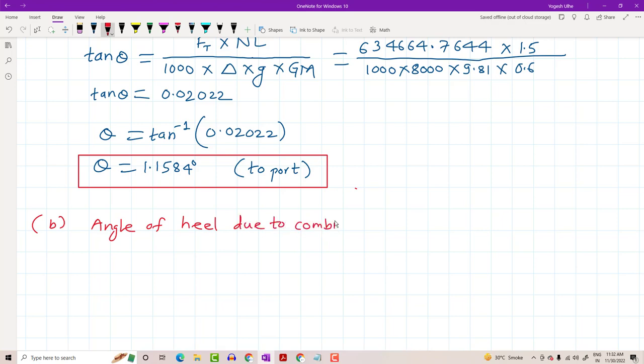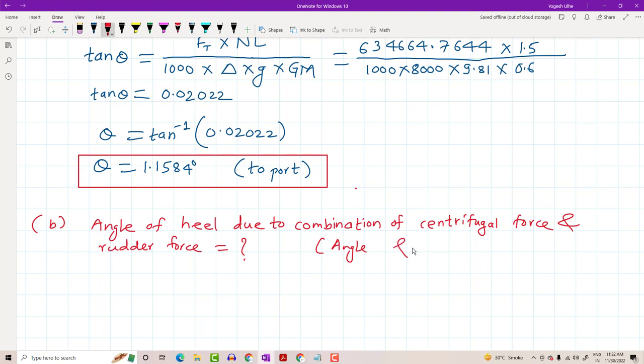Combination means combined effect: centrifugal force, that is turning effect, and rudder force. That is our target. We need its angle and its direction, whether it is on the port side or starboard side. We will see how to get that.